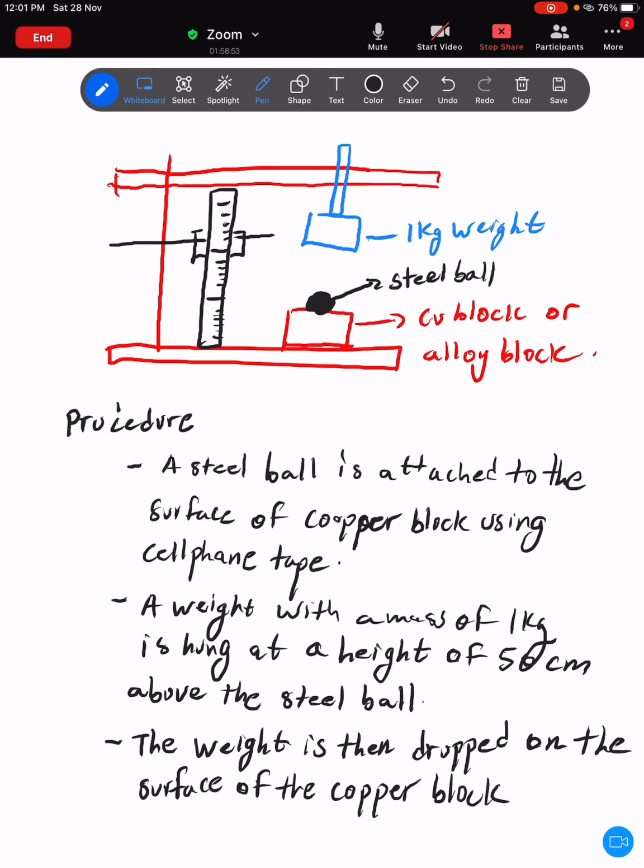Okay. The diameter is measured and recorded. Okay, cepat guys tulis.